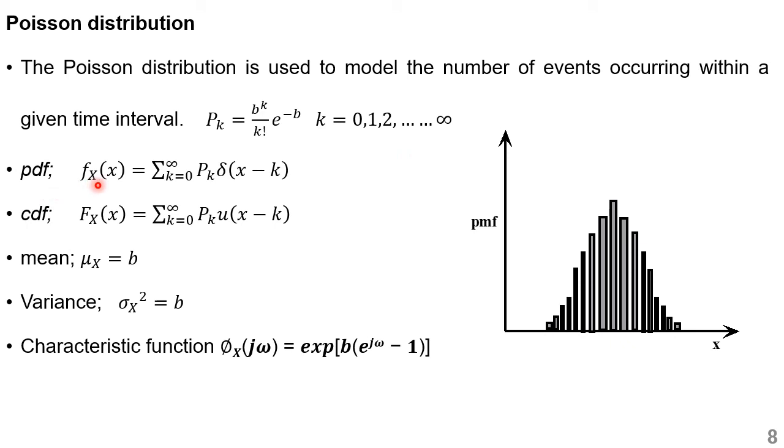The PDF is defined as the summation for k from 0 to infinity of P_k delta of (x minus k), where P_k is defined by this equation. When you integrate this, you get a step function u of (x minus k), which gives the CDF. The mean value mu_x is always equal to b, and the variance is also equal to b. The characteristic function is defined by this formula.